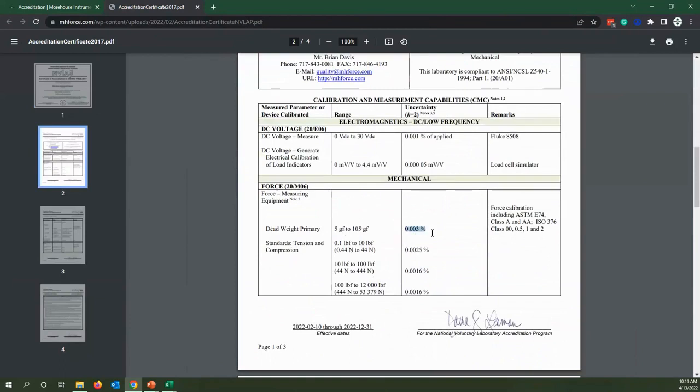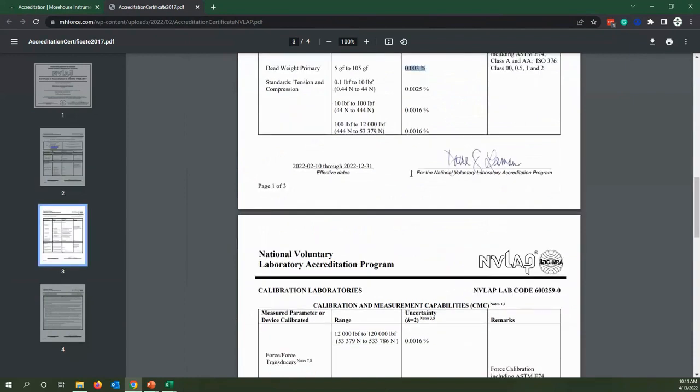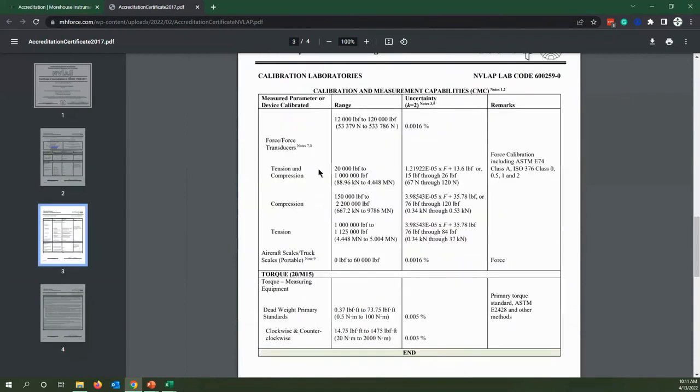I go and say, oh, they can do force to 003 to 105 grams. They can do, oh, wow, look at these numbers, 0016, 016. Then they go, here's using force transducers, here's aircraft scales. As Heather said, torque, 003 when we do accreditation requirements.